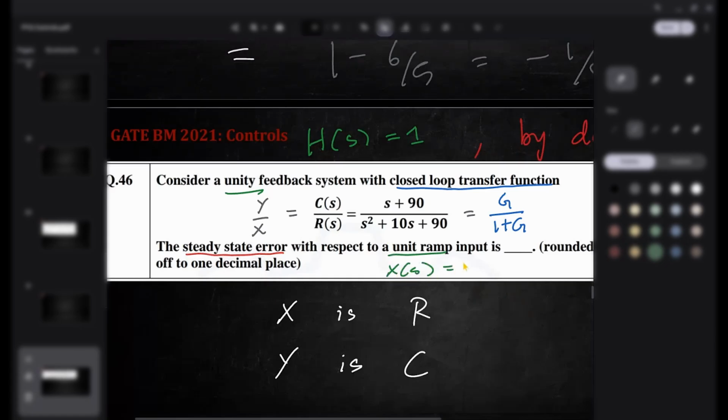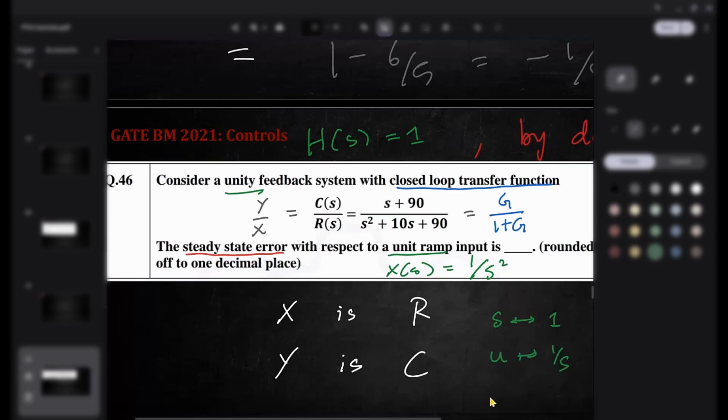Does anyone know for a ramp what X of s is? For a Dirac delta, it is 1. For a step, 1 by s. For a ramp, 1 by s square. Delta goes to 1, u goes to 1 by s, this is step.